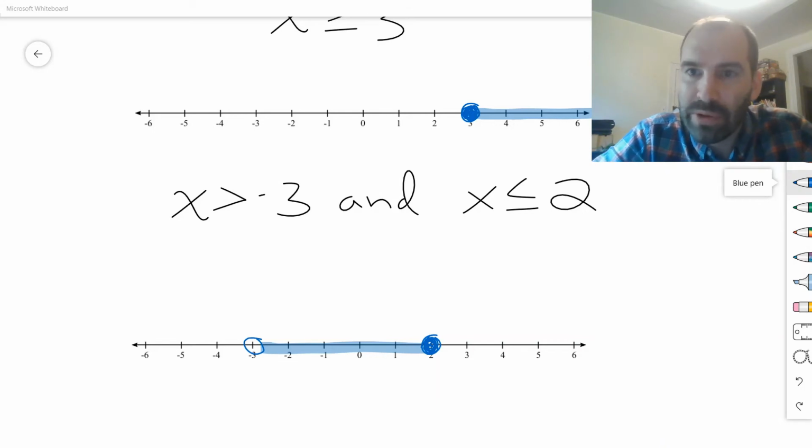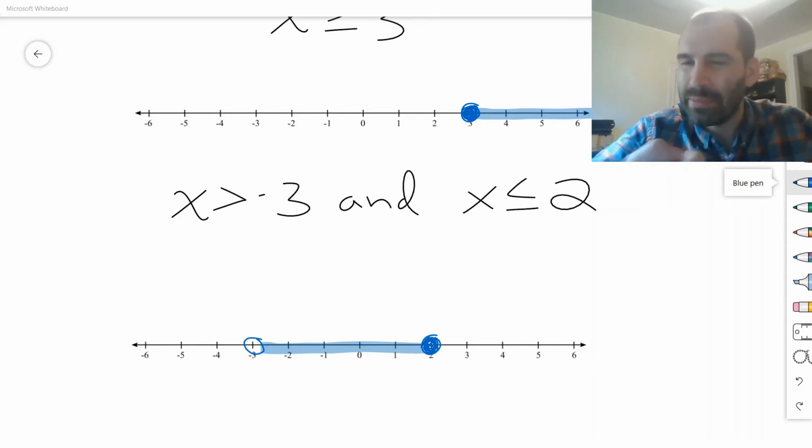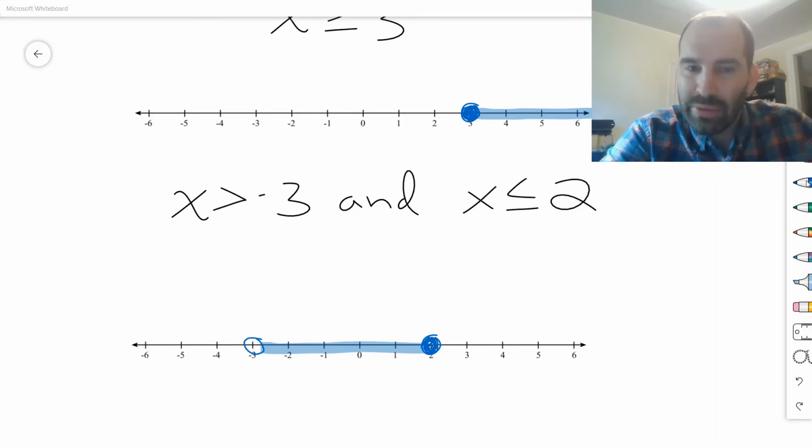However, there's a special thing we can do here to write it a little bit more succinctly, more compact. And that is called a compound inequality. We can put these together. So if x is greater than -3, that means that -3 is less than x. Those are the same statement.